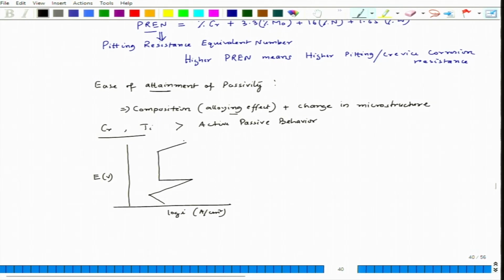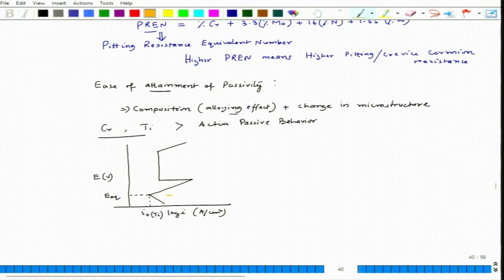This is a typical active passive metal. This is my active zone, this is the equilibrium potential for the metal, and this is my I0 for that metal, let us say titanium.